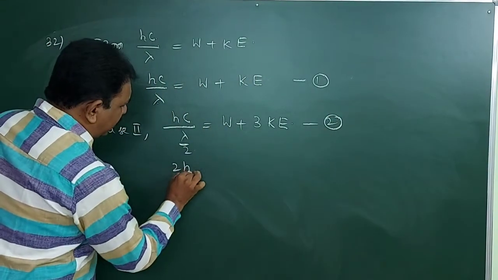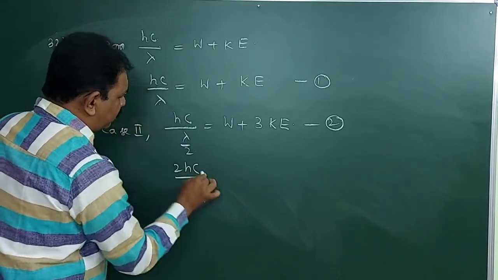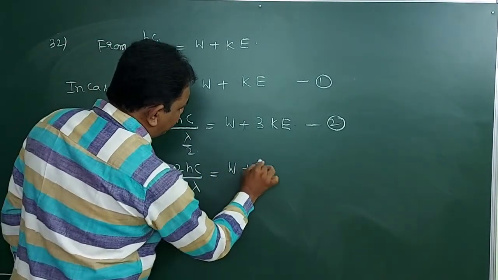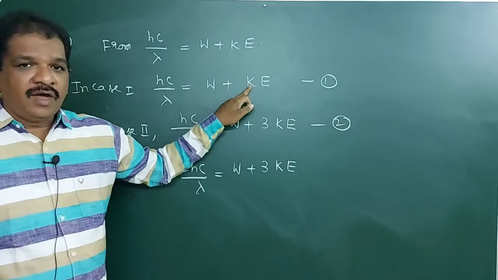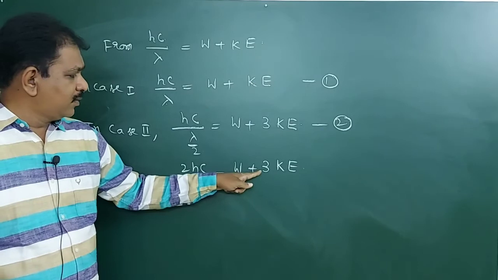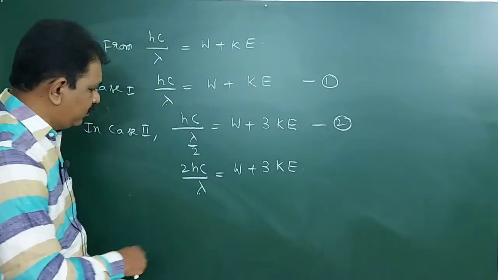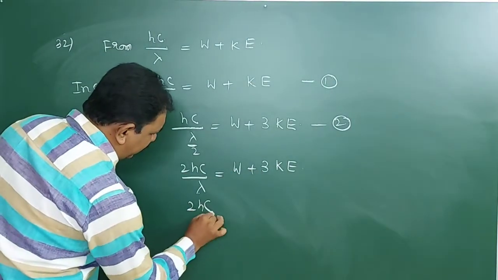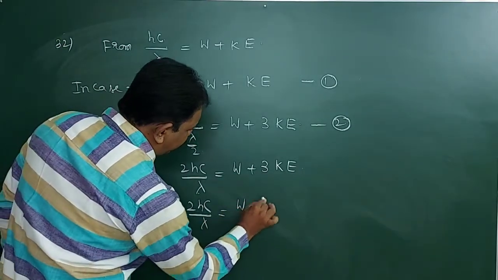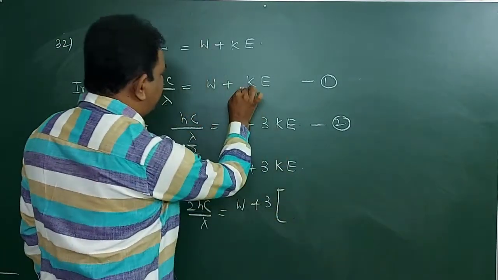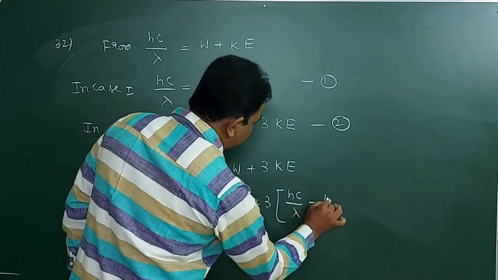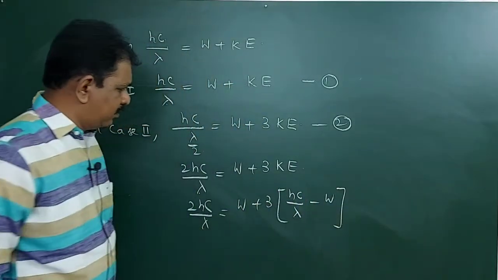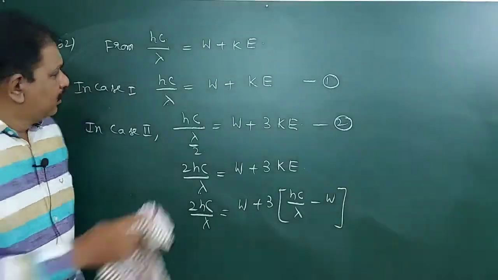So 2 Hc by lambda, 2 will go to the numerator, equals W plus 3 Ke. From this, Ke value is there, na? That you substitute here, you will get the answer. 2 Hc by lambda is W plus 3 into, from equation 1, Ke value will be Hc by lambda minus W. Okay.